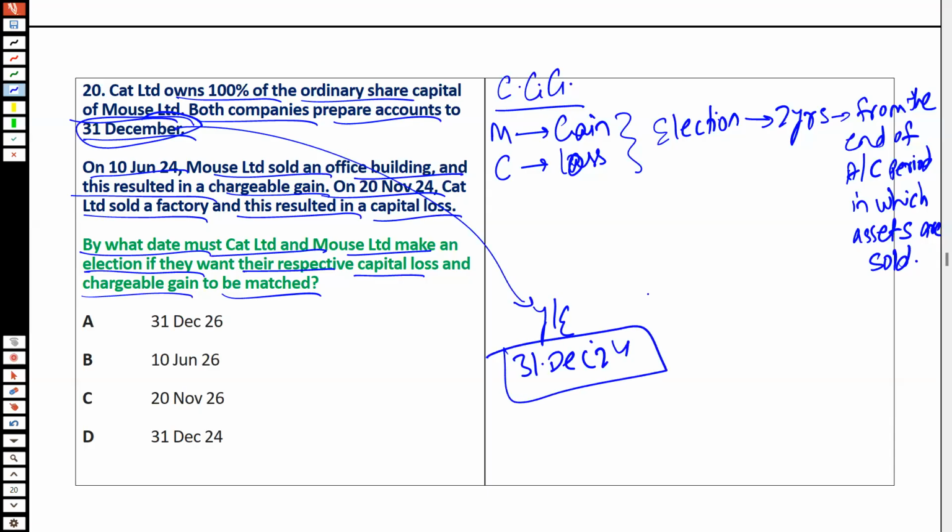From 31st December 24, you have 2 years time to claim. Is this clear, everyone?